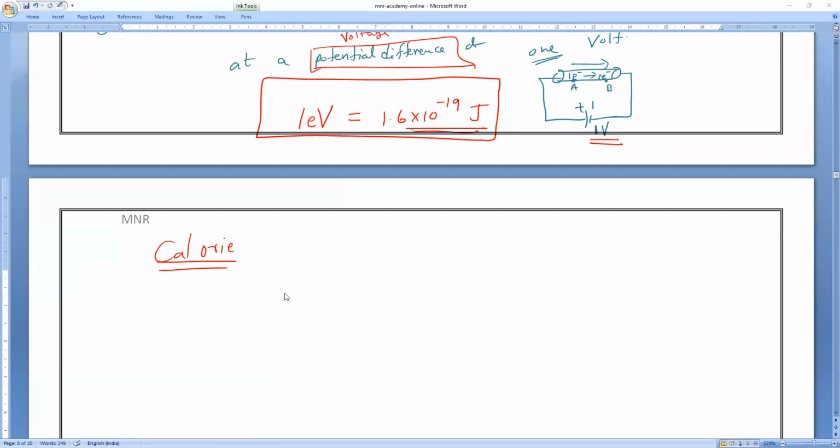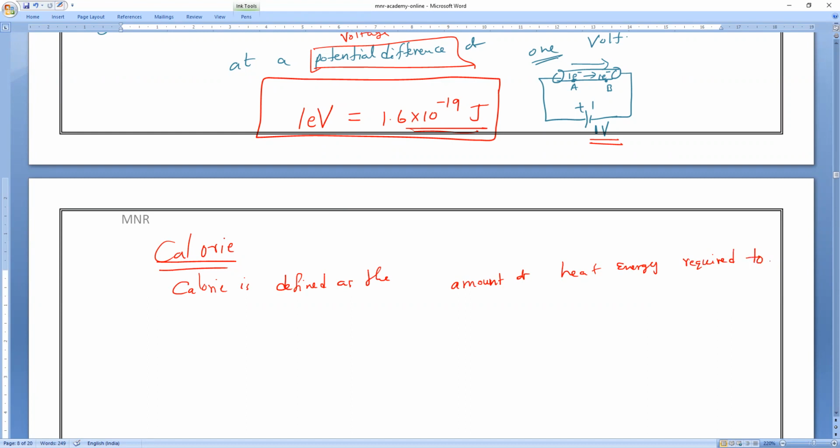Okay, so write it. How the calorie definition came, we will study that. Calorie is defined as the amount of heat energy required to raise the temperature.